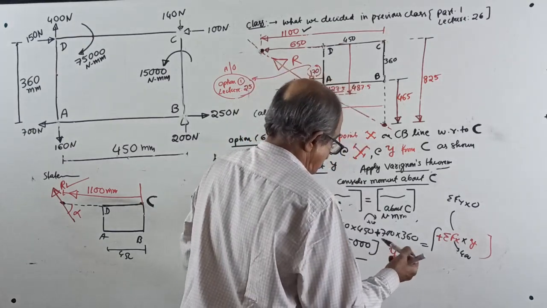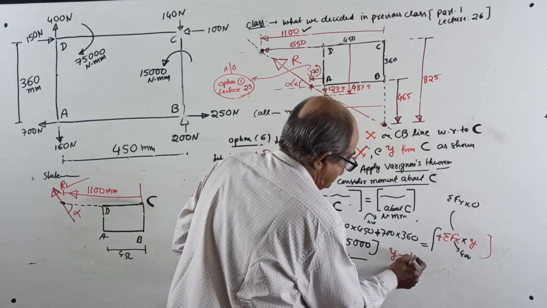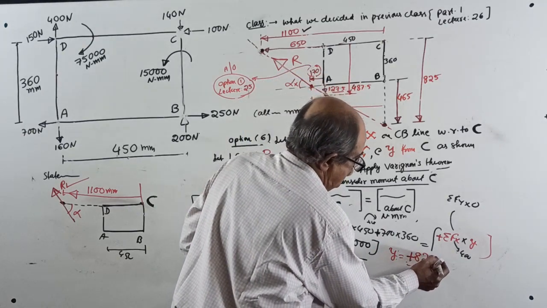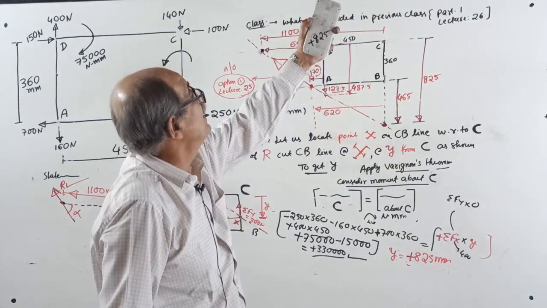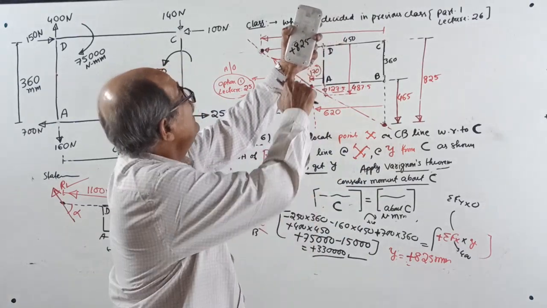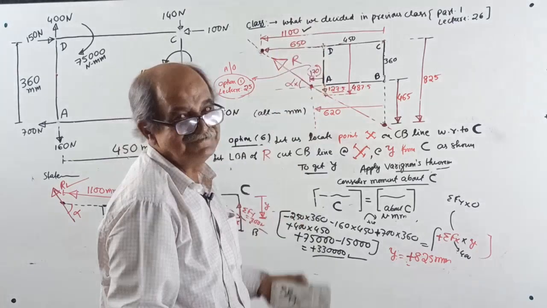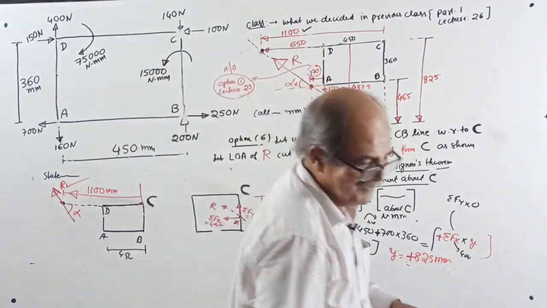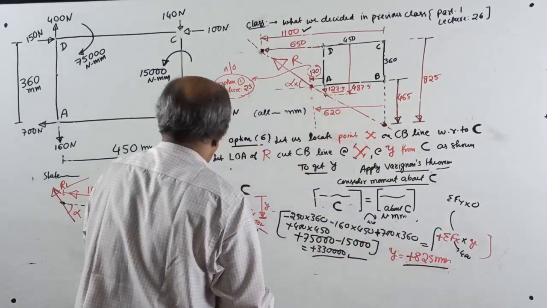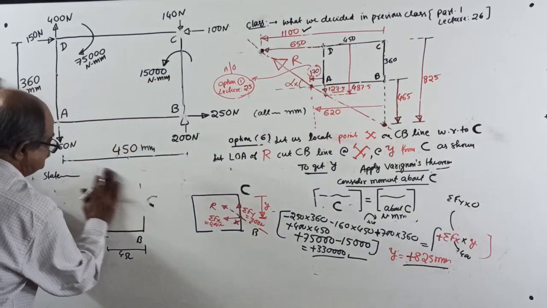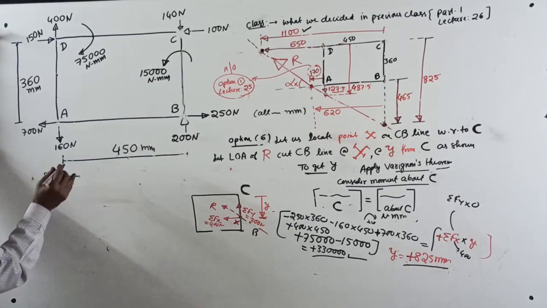I got Y, how much? 825, plus 825 millimeter. If you have doubt, see the calculator, see how much I got: 825 plus. I wrote it. People will say, sir, magic calculator. Okay, now a statement is required.